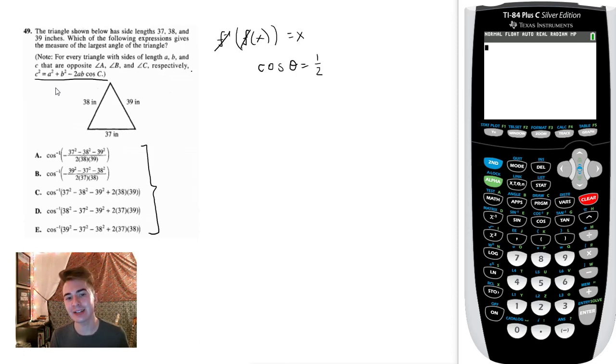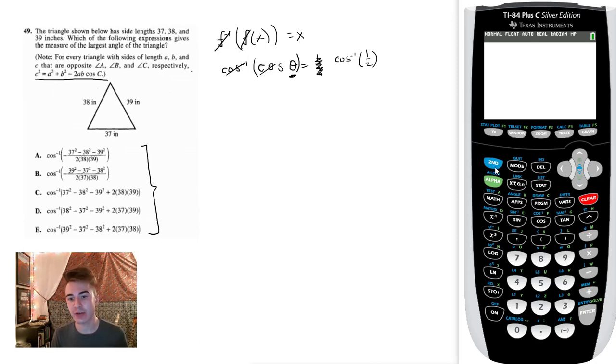I could isolate for this theta. I can't do anything other than take the inverse cosine, right? If I take inverse cosine of cosine, it cancels out with cosine. Now I'd have to do cosine inverse of the right-hand side. I'm not canceling out, I'm just rewriting. Theta there is cosine inverse of 1/2.